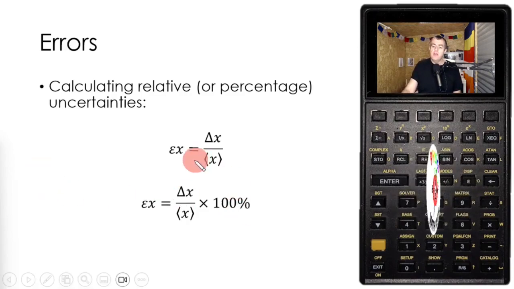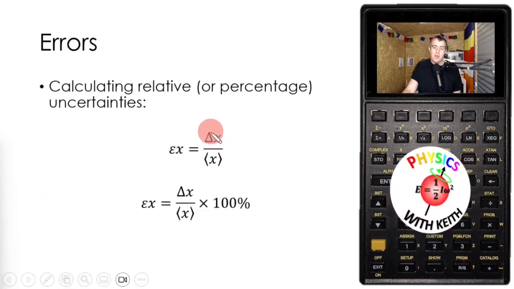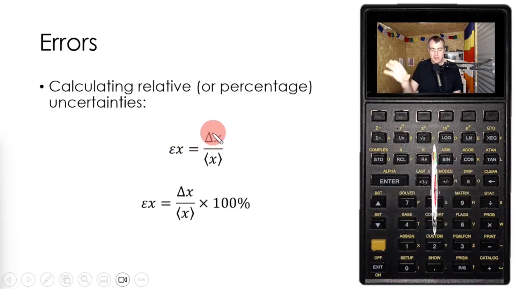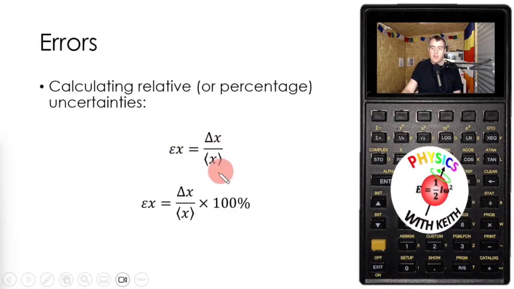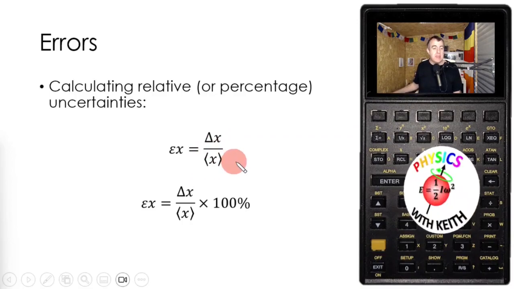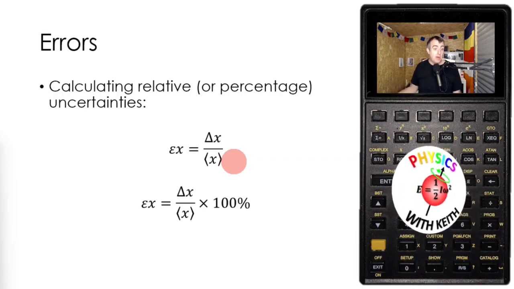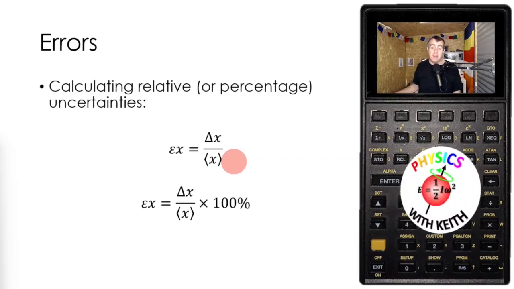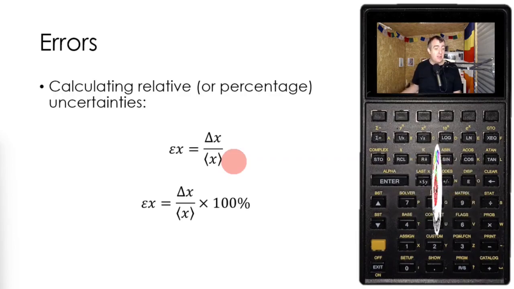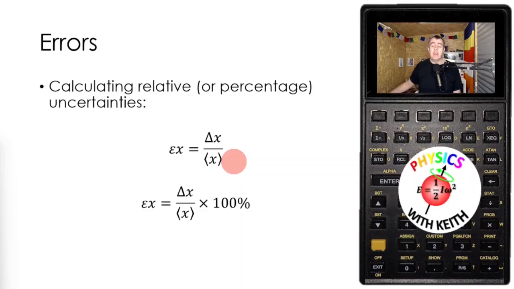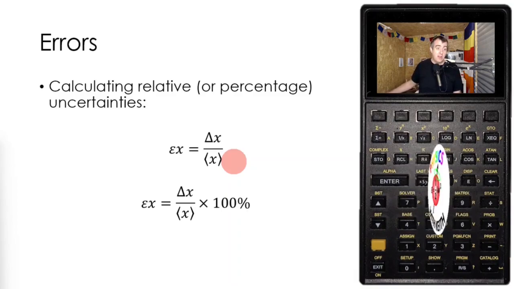Now, this calculation, the absolute uncertainty we already know about. That's half the range. That's fine. This value in the triangular brackets is what we call the mean value. If you only have one measurement, and you've estimated an absolute uncertainty based on the resolution of the instrument, then your mean value is just the value that you've measured.